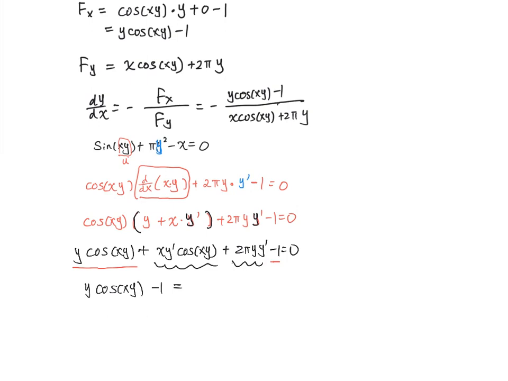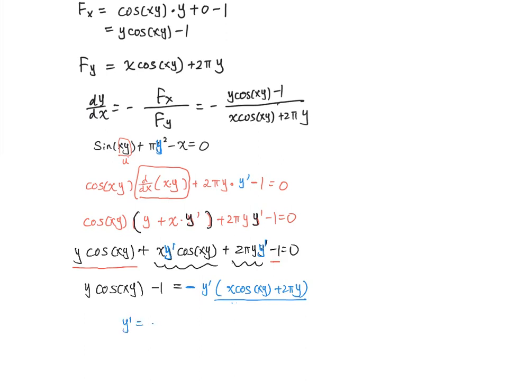By the way, I can factor out y prime, right? So it's going to be negative y prime times, x cosine xy plus 2 pi y. At the end, I divide both sides by this term, and of course also remove the negative sign.